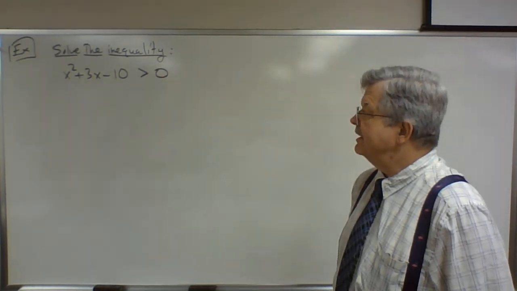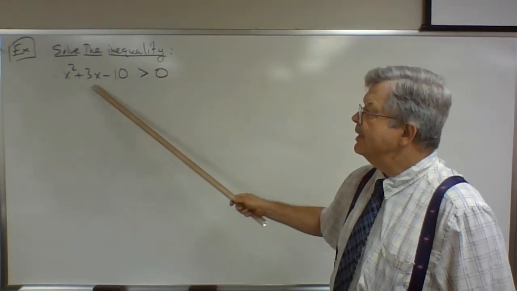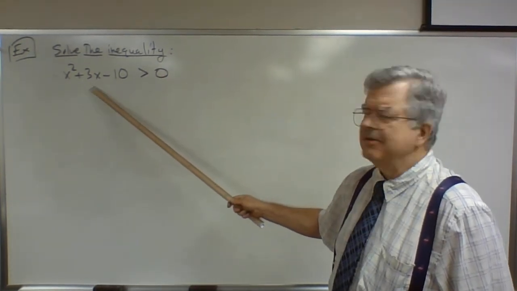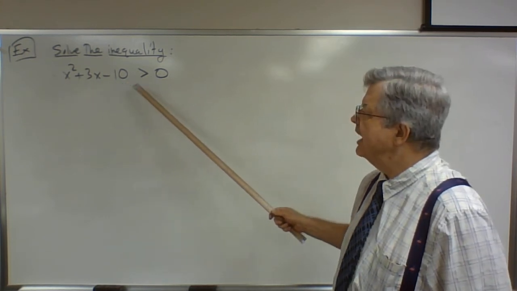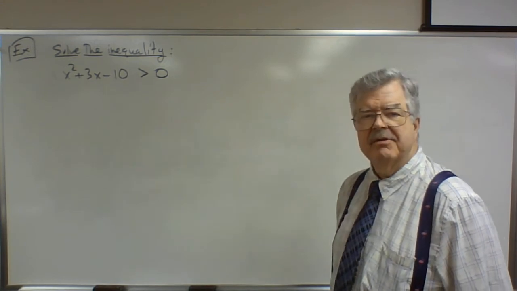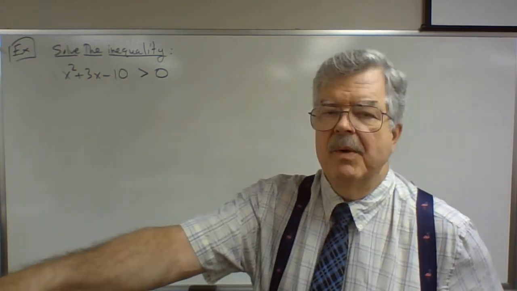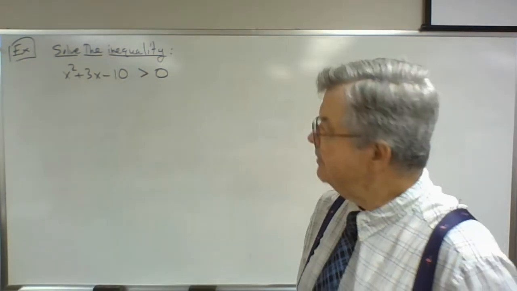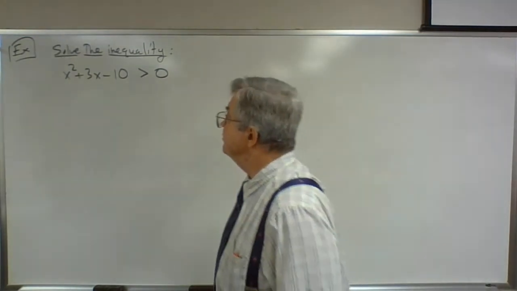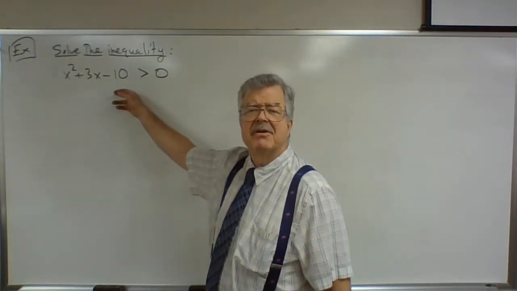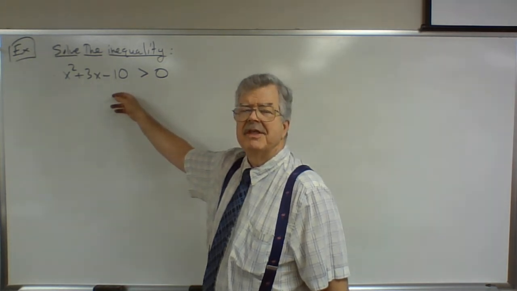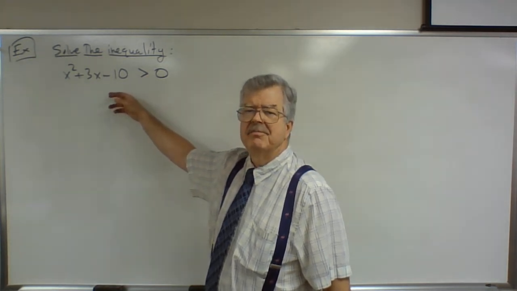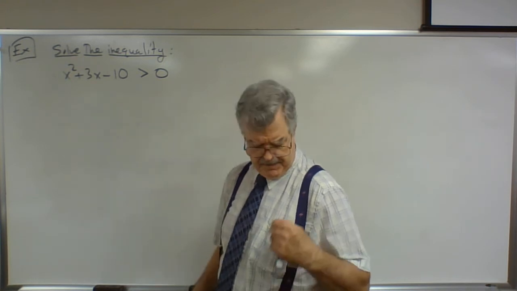Solve the inequality. In other words, we want to know the x values such that x squared plus 3x minus 10 is greater than 0. We want to find the x values that make this true, or another way of saying this, find the intervals on the x-axis such that the x values in those intervals make this inequality true.